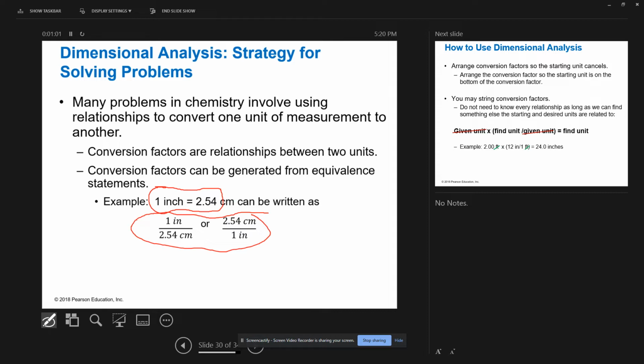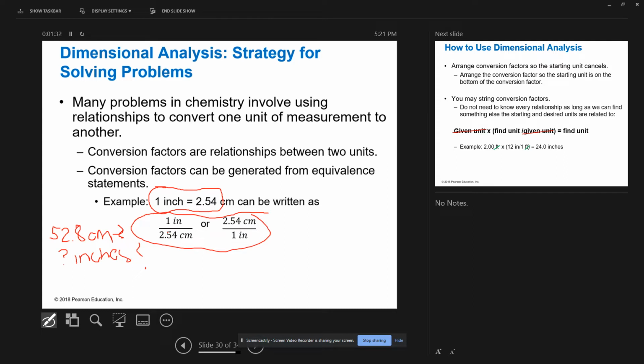But let's say, for example, that I have 52.8 centimeters, and I want to know how many inches that is. So what I'm going to do is use this conversion.